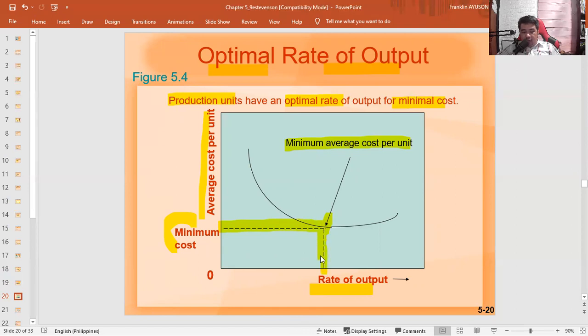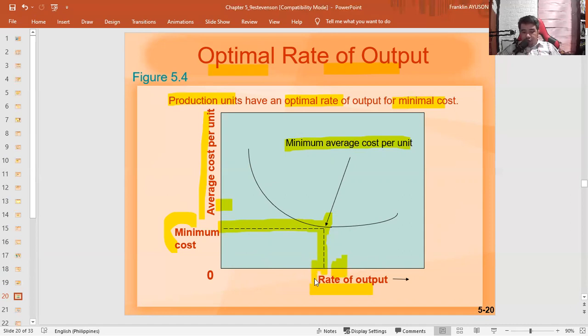So dapat ito lang yung ating po-produce. Kasi pag tumaas pa itong ating rate of output, what will happen with our average cost? Pag tinaasan mo yung rate of output at tumaas yung cost natin, nagkakaroon tayo ng diseconomy of scale.